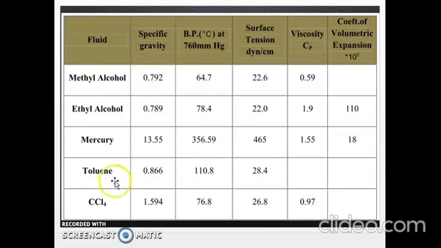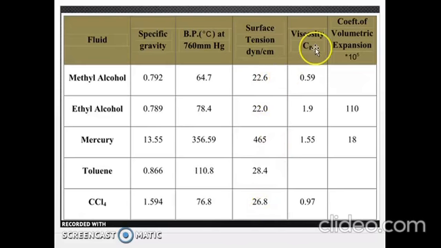In the first column, I have mentioned the different fluids that can be used as a manometric liquid: methanol, ethanol, mercury, toluene, and carbon tetrachloride. The specific gravity is shown in the second column. The boiling point at 760 mm of Hg, that is the atmospheric pressure, is given over here. Their surface tension in dyne per centimeter is mentioned in the fourth column.